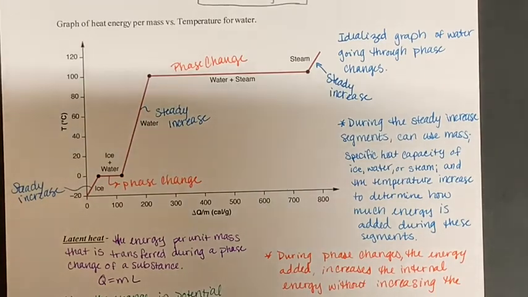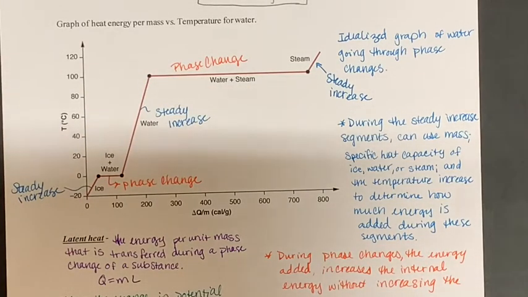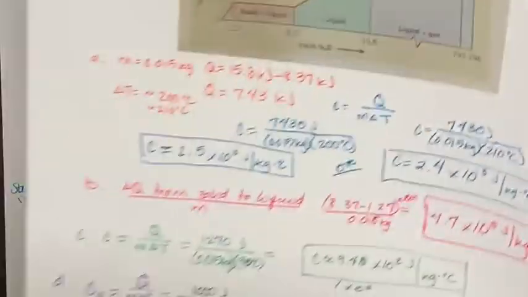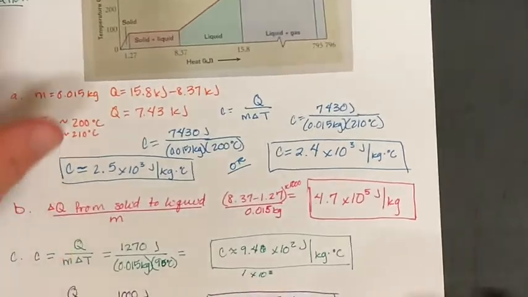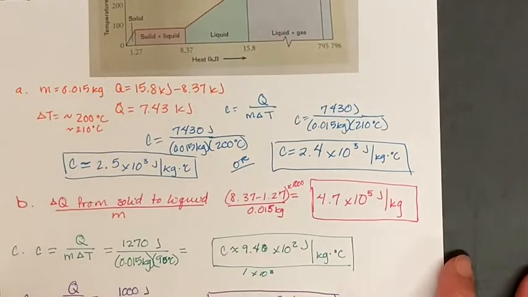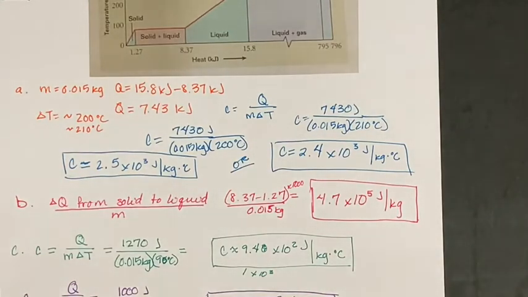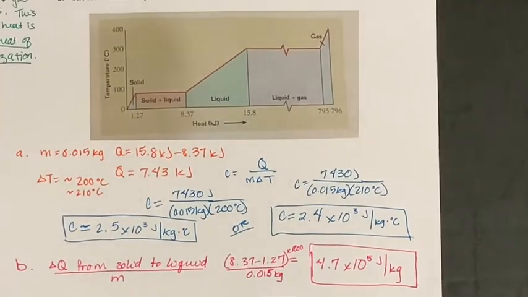But before we get there, during melting, the energy added to a substance equals the difference between the total potential energies of the particles in the solid and liquid phases. So this is known as the heat of fusion. During melting, your energy that's added, that's going into decreasing those bonds, is known as the heat of fusion.